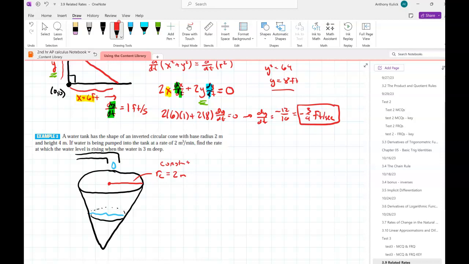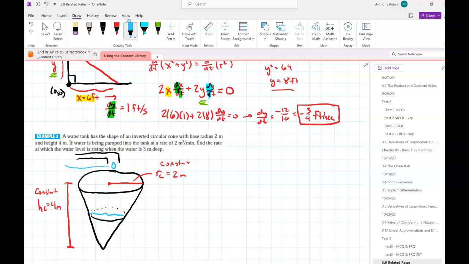We're told the height of our container is 4 meters. And again, that's a constant. You could call it tank, I guess; you could give it a subscript T or something. I just wanted to be able to differentiate it because we're going to have a radius for the water and a height for the water also.